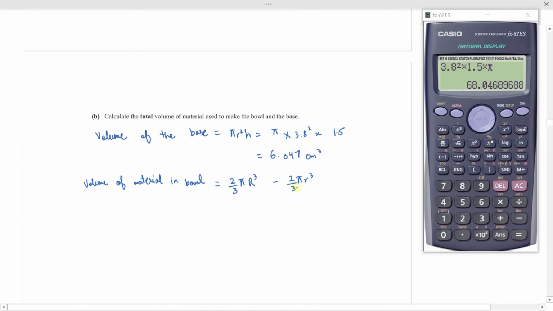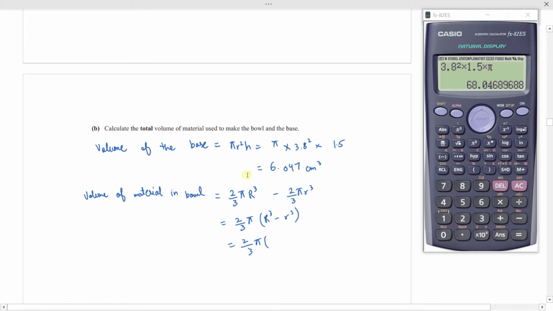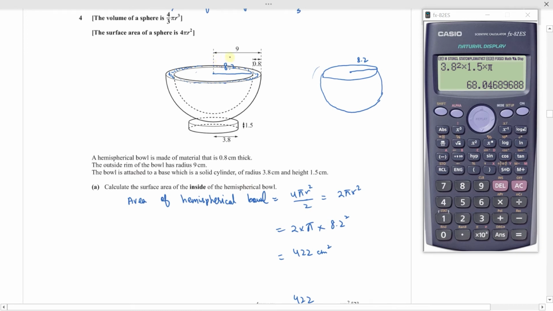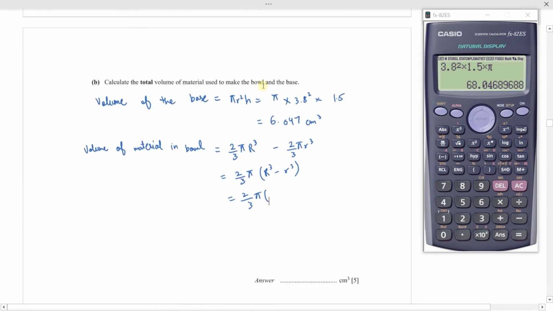In fact, I can take 2 by 3 pi common to make the calculation a little bit easier. And then I have R cube minus small r cube. Capital R is the outer radius, the complete radius is 9, and the inner radius is 8.2. So you have 9 cube minus 8.2 cube.